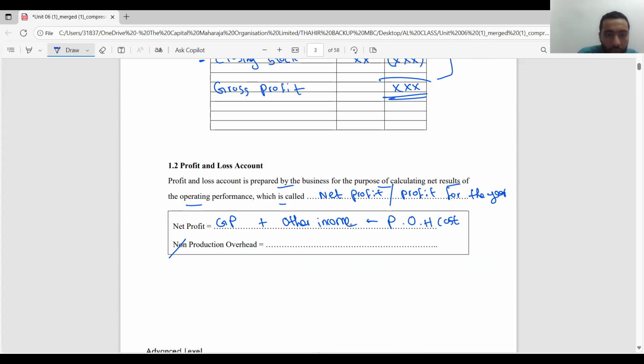So what is production overhead? Can someone please tell me what the production overhead costs are? What are the items in the production overhead cost?